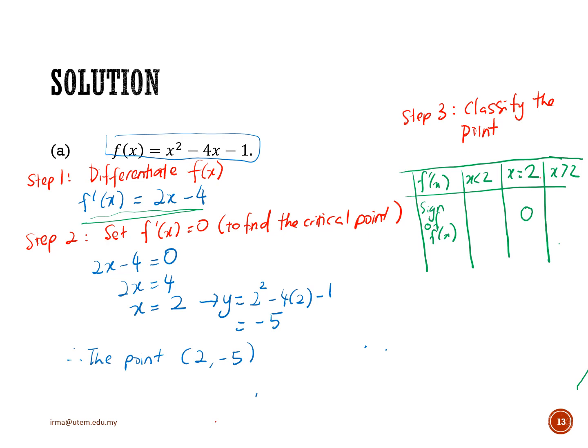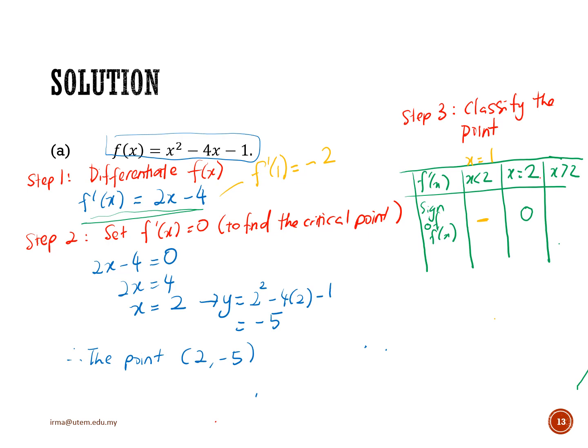For example, I took x equal to 1, which is less than 2. By substituting x equal to 1 in this equation, you will have 2 minus 4, you will get negative 2. So the sign here will be negative. And on the right side, we have x greater than 2.